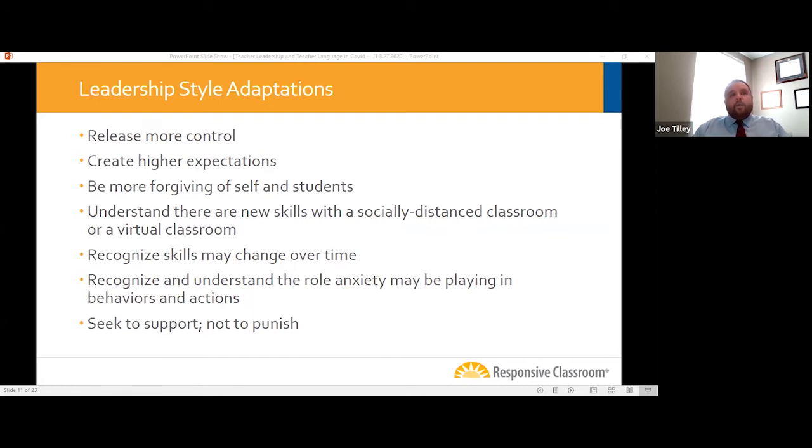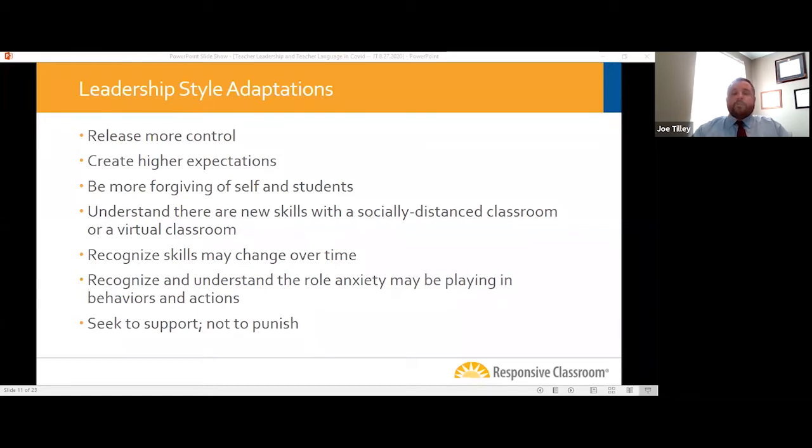And if we end up in a situation where for 6 weeks we have been virtually learning, and then schools open back up because it's deemed safe to do so, then those skills are going to change, and you're going to have students that are going to come in and they're going to be used to being at home, perhaps in a very comfortable environment, kicked back on their couch with their laptop in their lap, and now they're expected to sit in a chair sitting up, and those types of skills change. So just be recognizing that as you're going along, those skills may change.